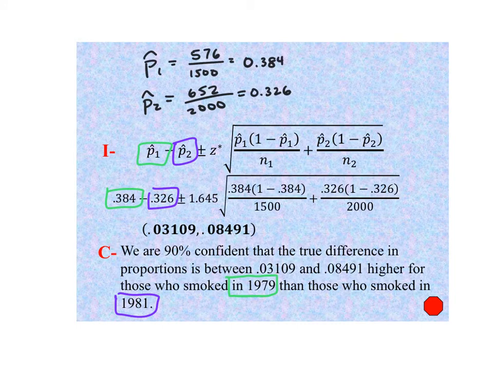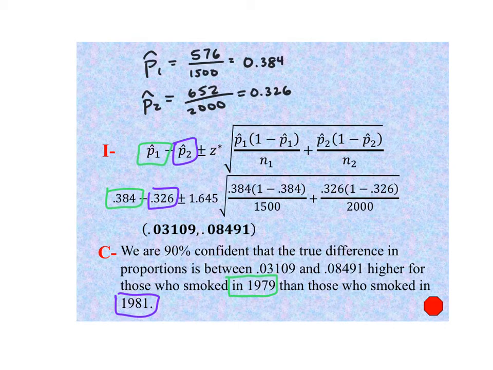So the way that we work the conclusion depends on how we're subtracting, how you choose your values, right? Some students might choose 1979 is P2 and 1981 is P1. It's up to you which one you want to choose, but depending on how you choose them will determine how your statement looks.